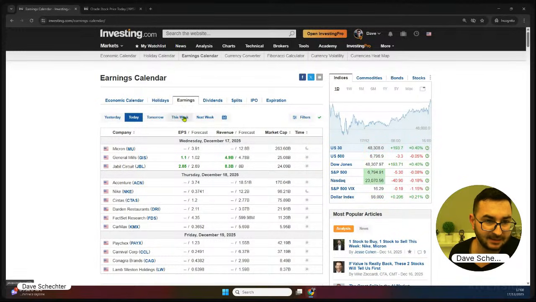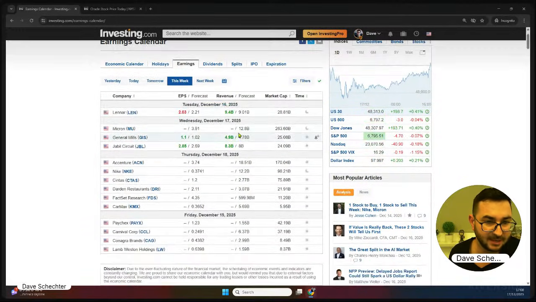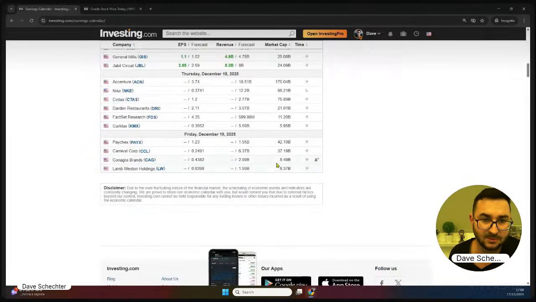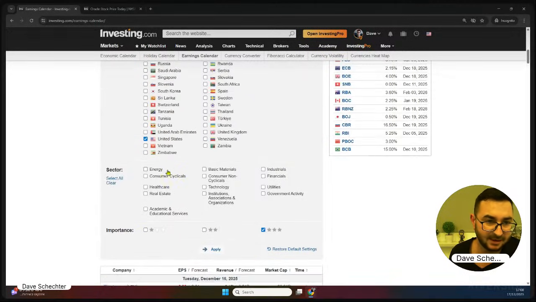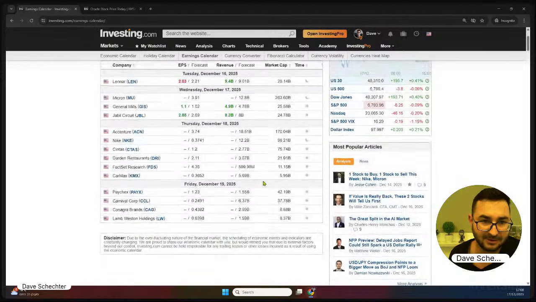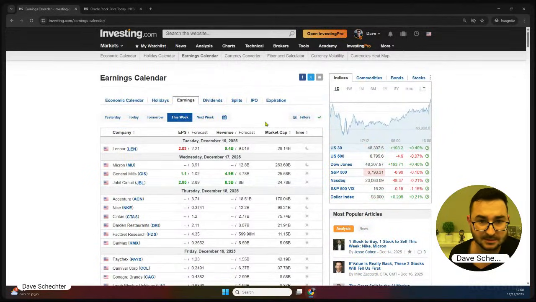I can see that on the ledger for this week, Accenture and Nike are going to be announcing earnings tomorrow. And of course, if I wanted to filter the levels of importance, I have the ability to do that here. If I wanted to showcase earnings for any particular sector, I can also dial that in according to my preferences. Excellent.